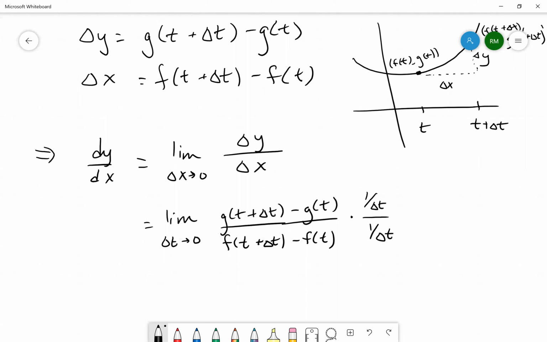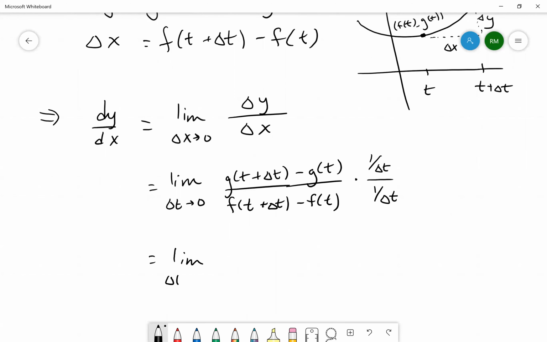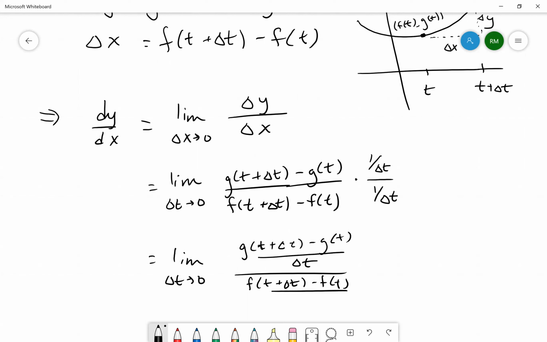And we get the limit as delta t goes to 0 of the change in g over delta t over the change in f over delta t.